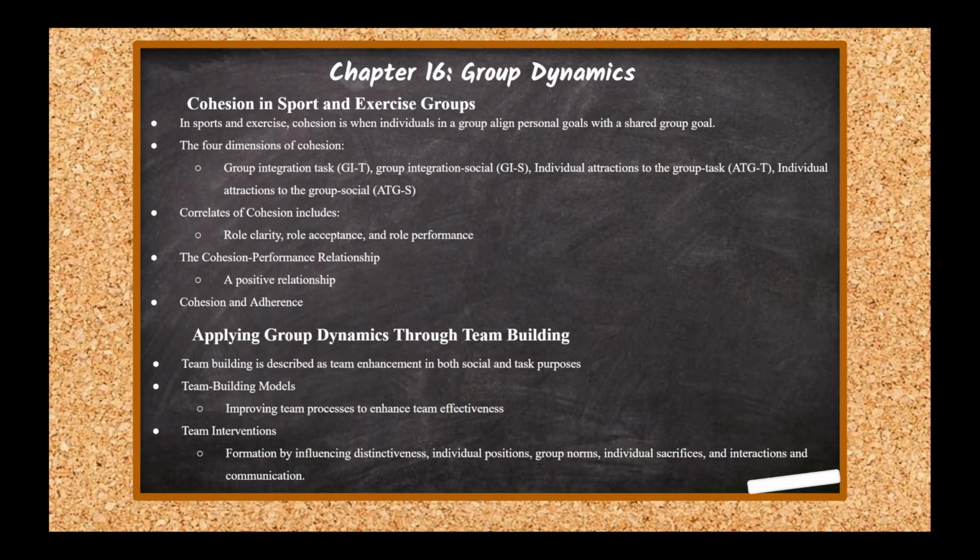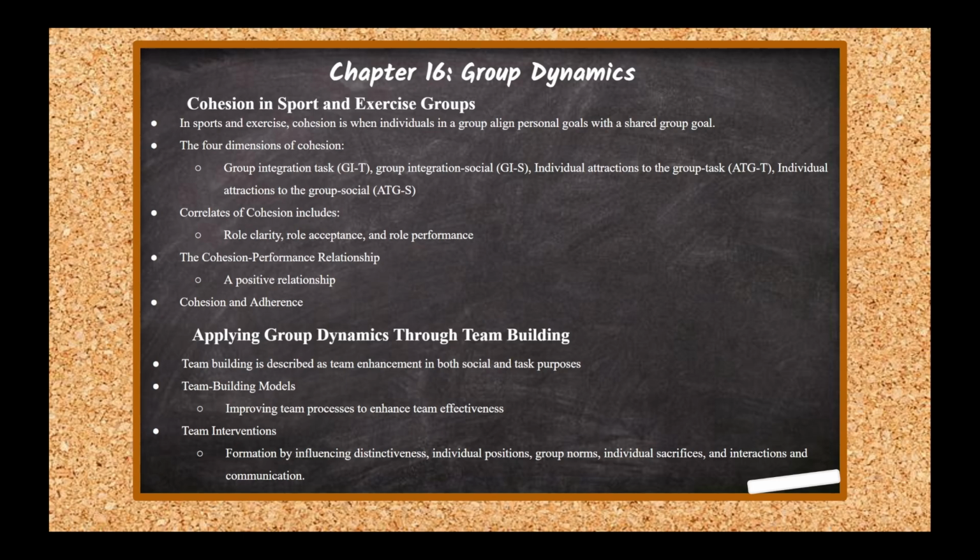Then individual attractions to the group task, which are group member perceptions on their personal involvement in group tasks; and individual attractions to group social, ATGS, group members' perceptions on their personal involvement in group objectives.